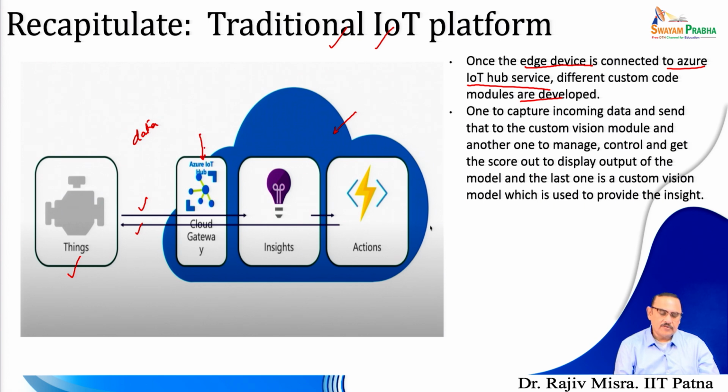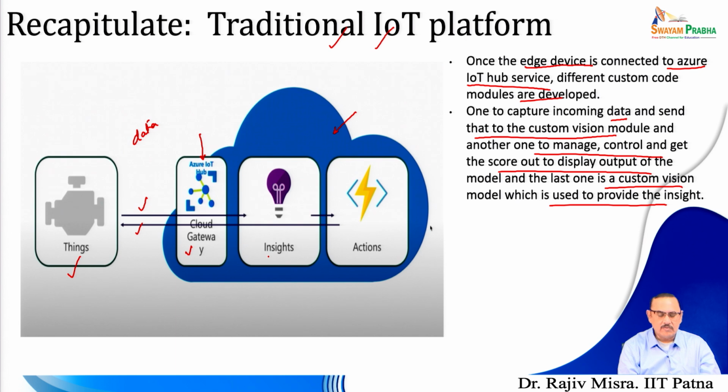So, that part of the cloud service which will accept the data through the cloud gateway. Let us assume that the incoming data is given for the custom vision module which is running here as a part of Azure IoT Hub, and another one to manage and control and get the score display of the module, and the last one is called custom vision module. So, let us understand over here.